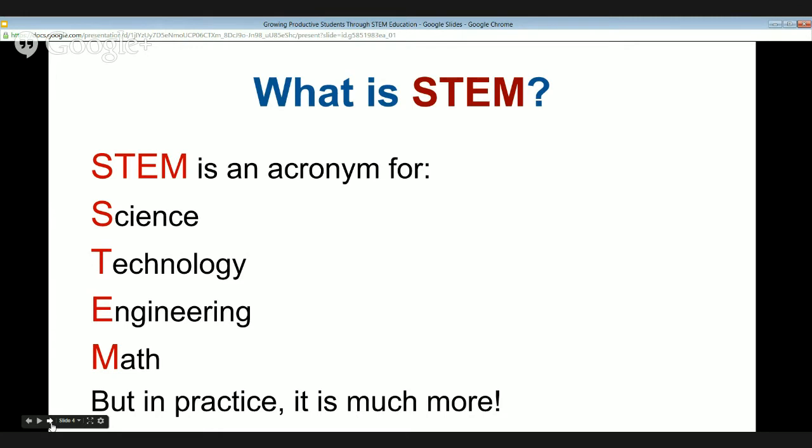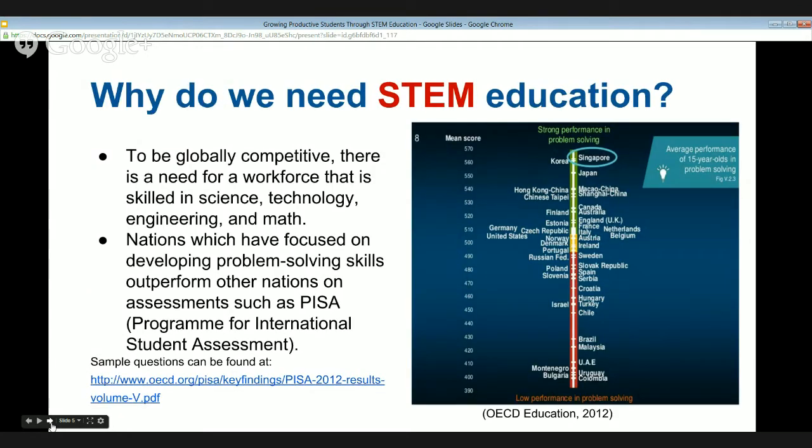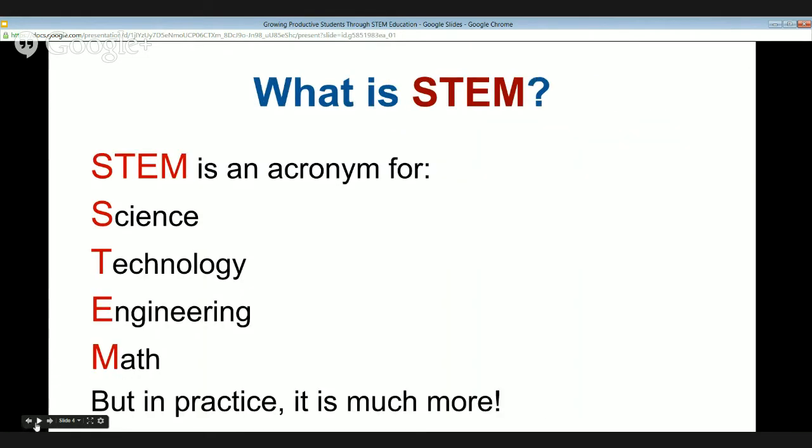STEM itself is actually a curriculum that will enable our students to have the necessary skills to be college and career ready upon graduation from high school. And the whole point of this session is to have you begin thinking about the types of shifts that we need to make in our curriculum and in the way that we teach students to have them ready for this particular shift.